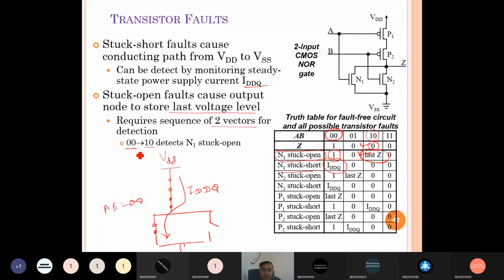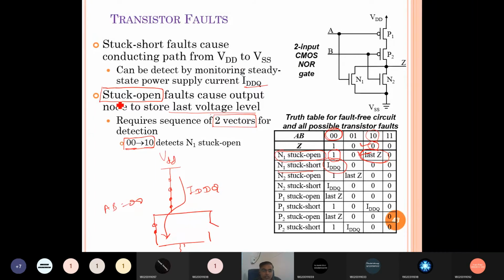If we apply the sequence like that, first 0 0 and then the 0 1. So to detect a stuck-open fault, we need to give a sequence of two vectors. It cannot be detected by applying a single vector like in a stuck-short fault, right?